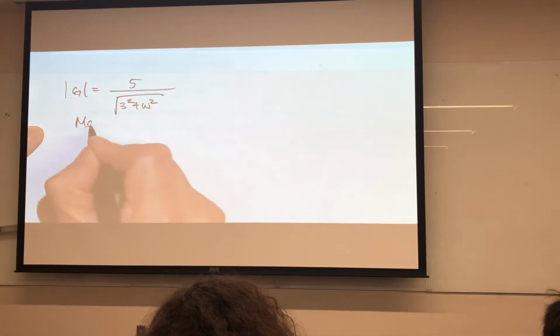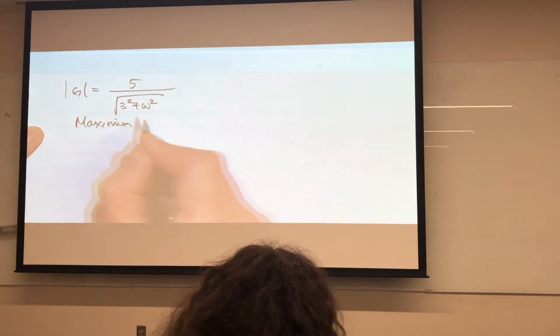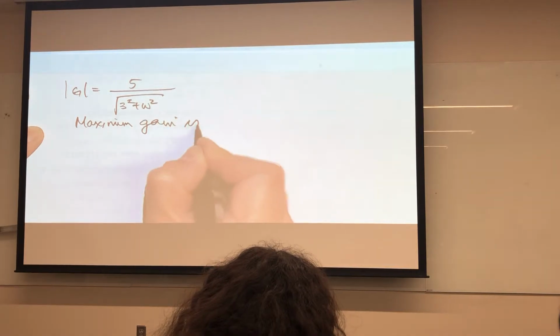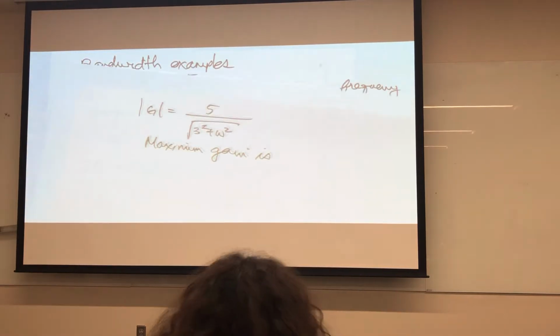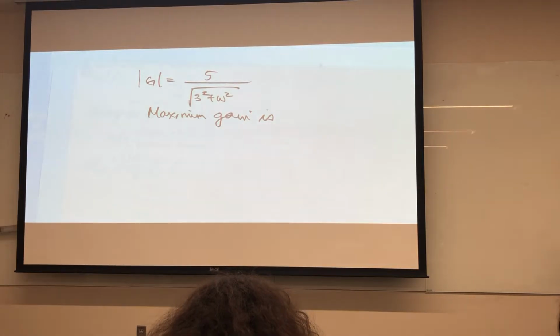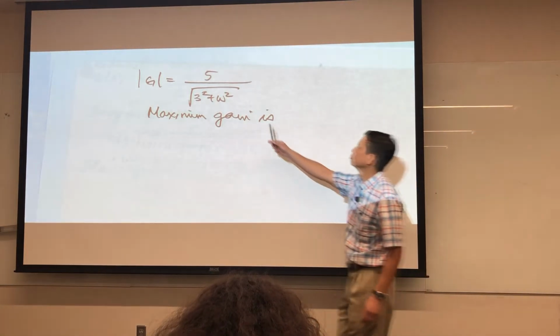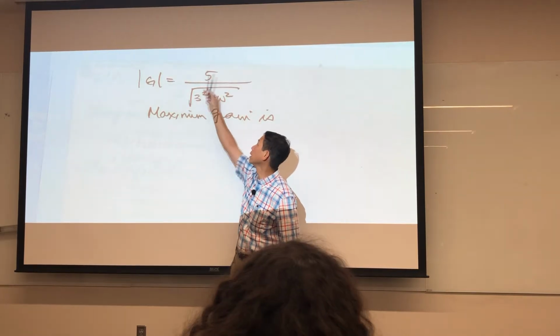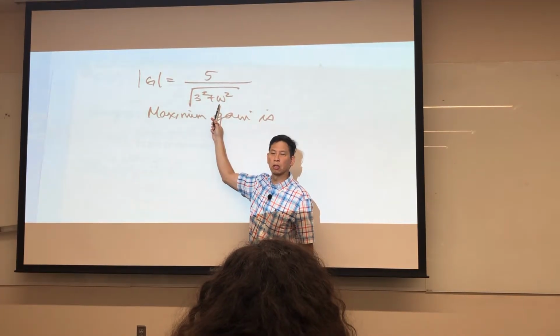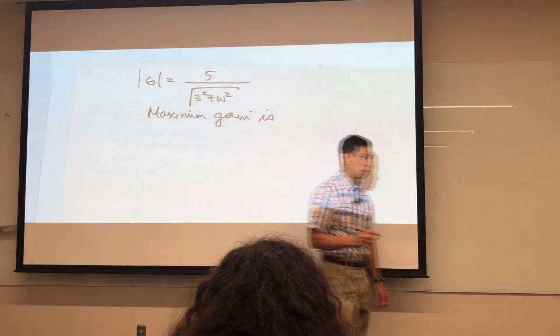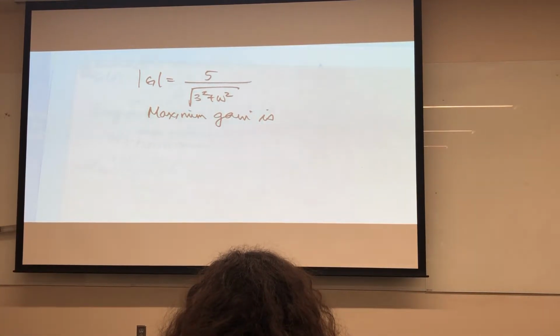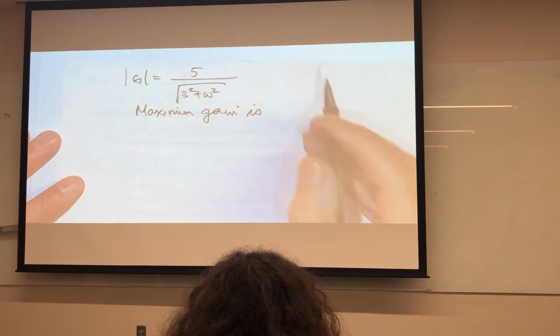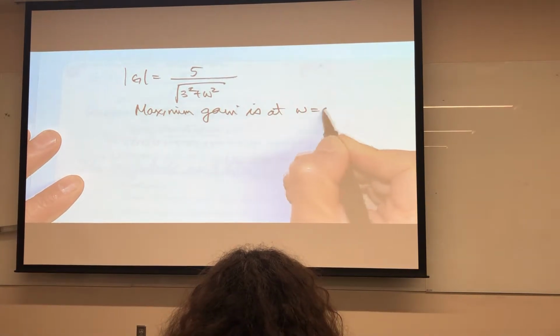The maximum gain is, well, let's take a look at this function. When is it largest? This is the independent variable. When is this overall function the biggest? When omega is equal to 0. So for this particular example, the maximum gain is at omega equal to 0.